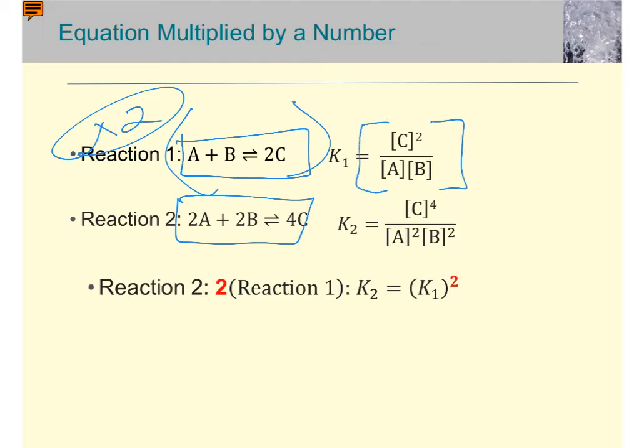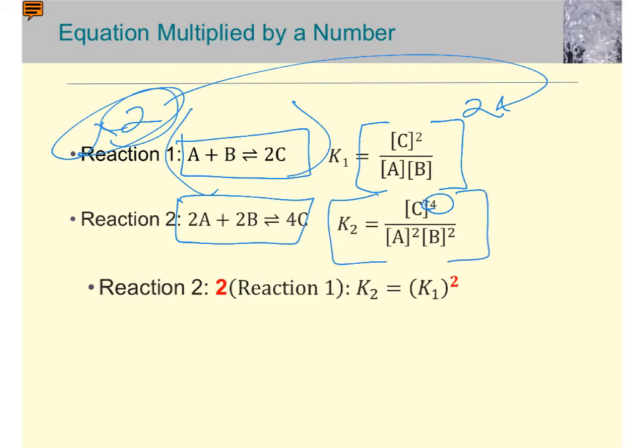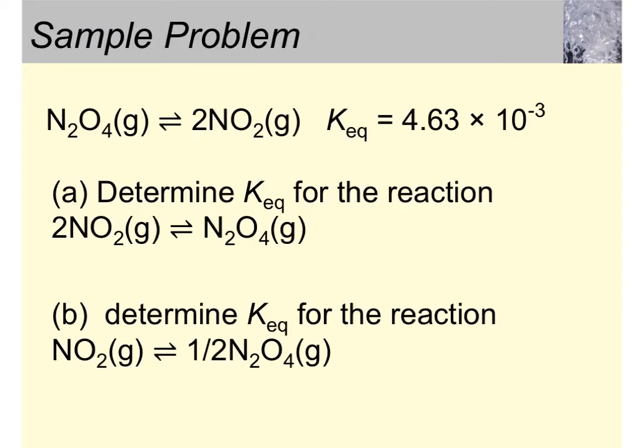So multiplying a reaction by 2, that 2 becomes an exponent. And hopefully you remember your math, that when you have an exponent to an exponent, you add them, right? So the resultant equilibrium constant is simply the original equilibrium constant squared. So those are the two most common manipulations that you need to be comfortable with.